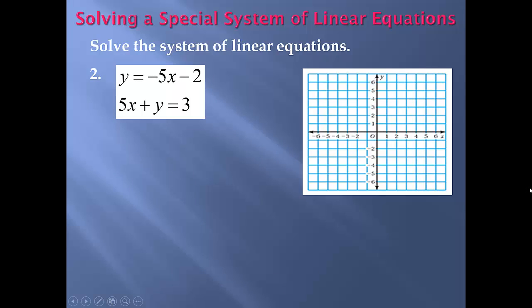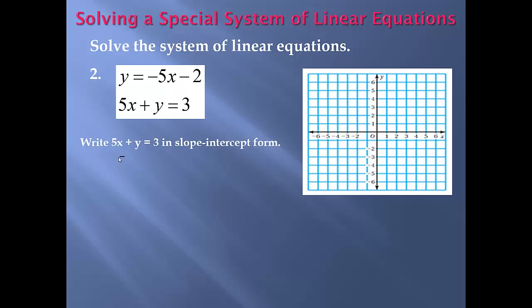Now let's look at number 2. Once again, we're going to solve the system of linear equations. So our system is y equals negative 5x minus 2, and we have 5x plus y equals 3. The first thing we're going to do is solve the second equation and put it in slope-intercept form. So we're going to solve this equation for y.